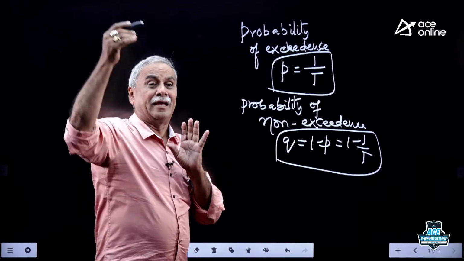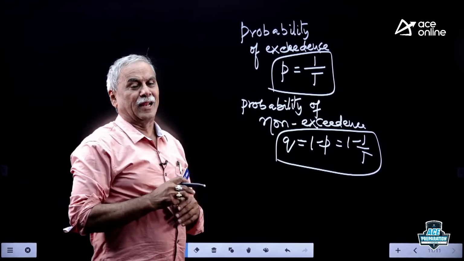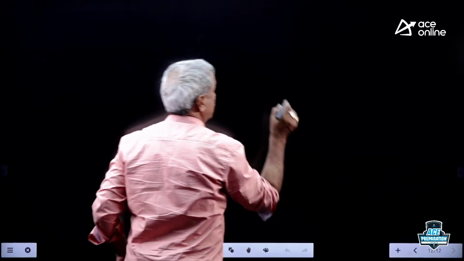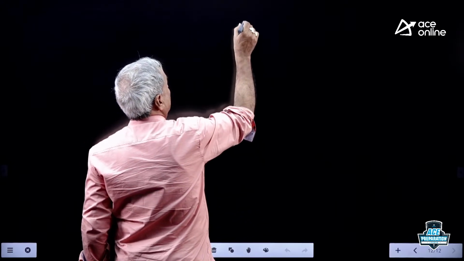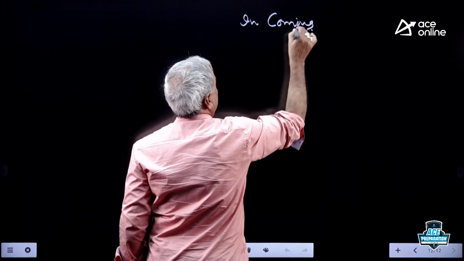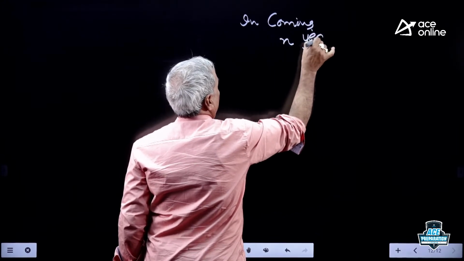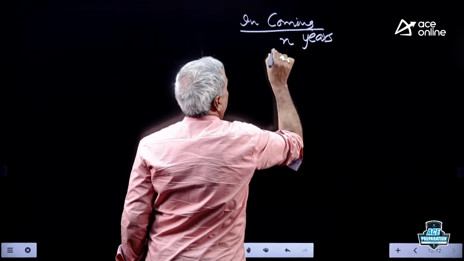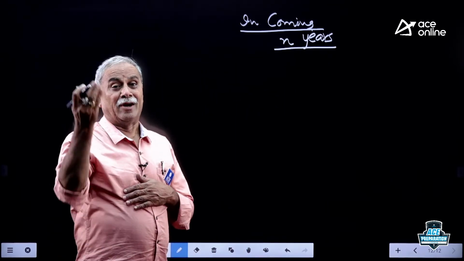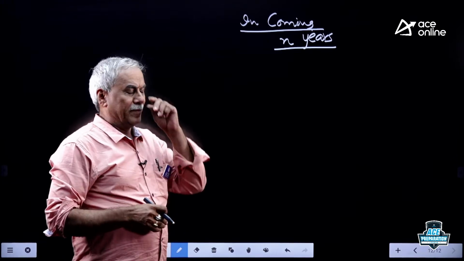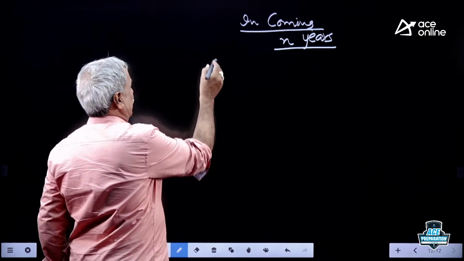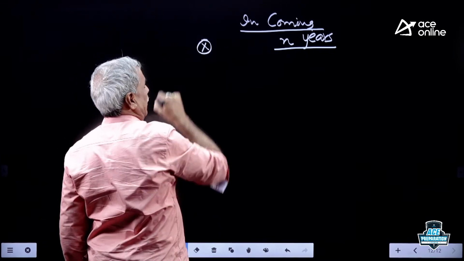Now we study and guess about the future rainfall data of the coming n years. In the coming n years, what are the chances of getting that particular rainfall X?